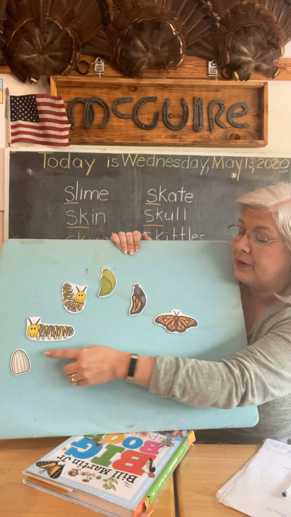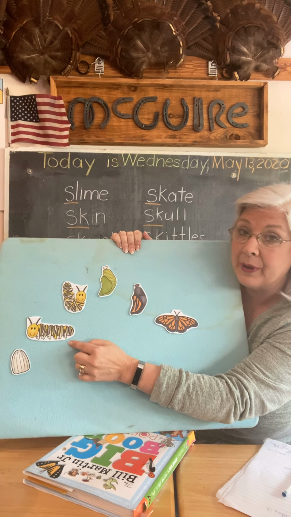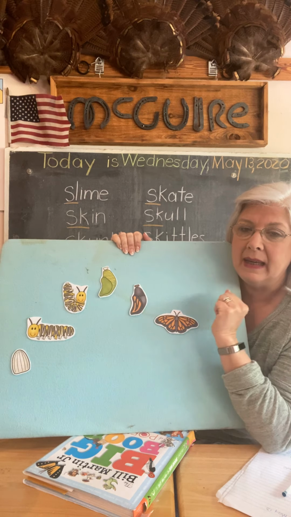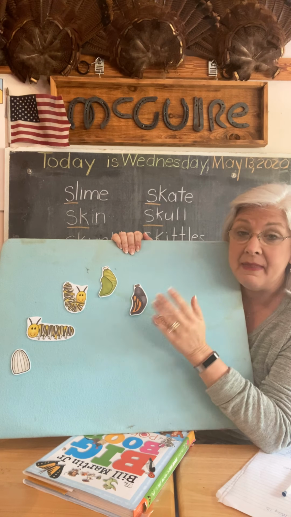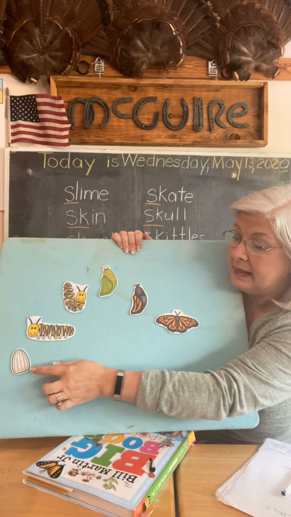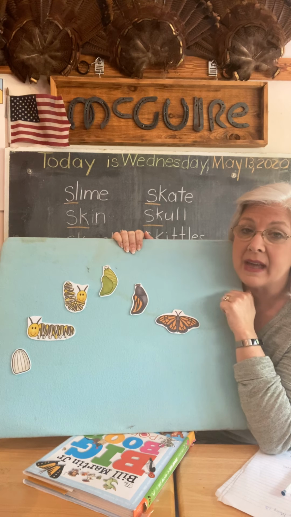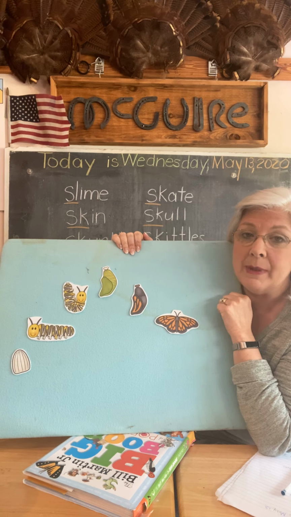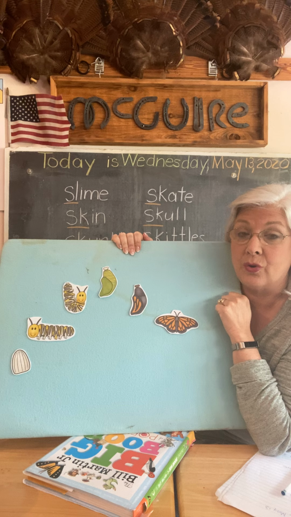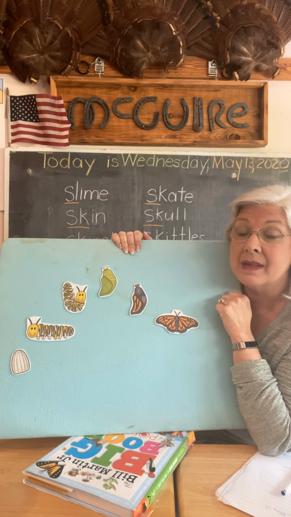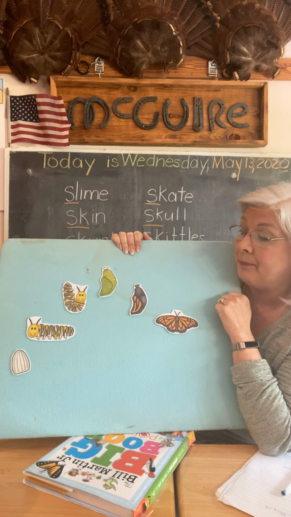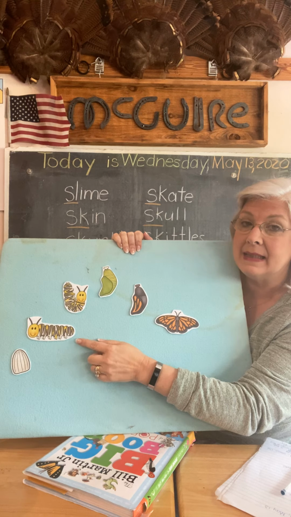So the caterpillar can munch, munch, munch. He loves to eat, and that's his job when he hatches out of that egg. His job is to eat and to eat and to grow fat because something's going to happen. So he eats and he eats and he eats.